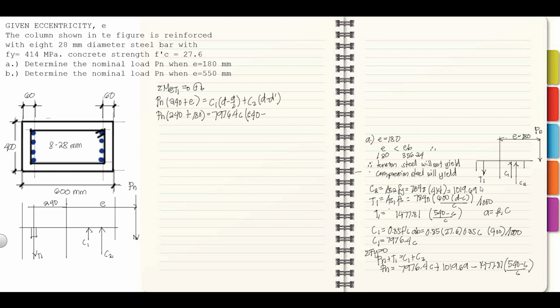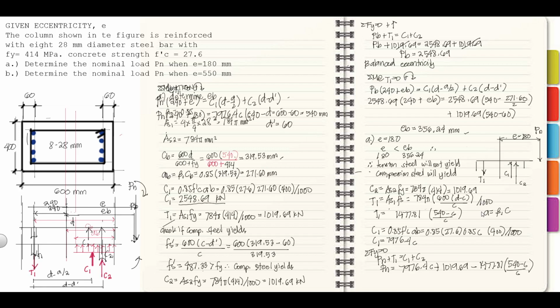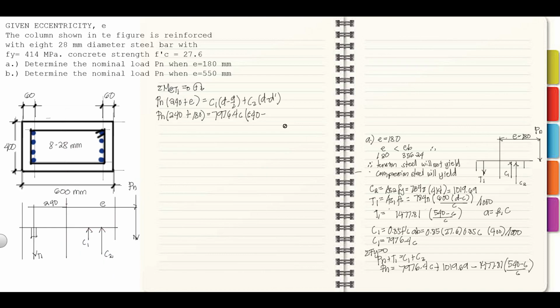So what is the value of our A? 271.60 all over 2, okay, plus C2.